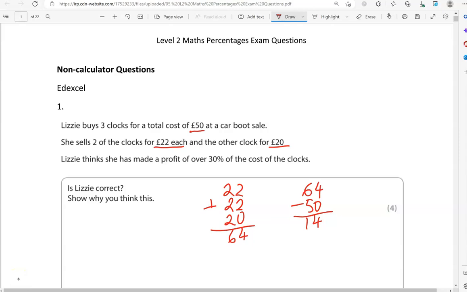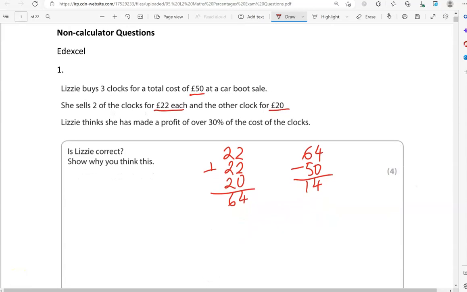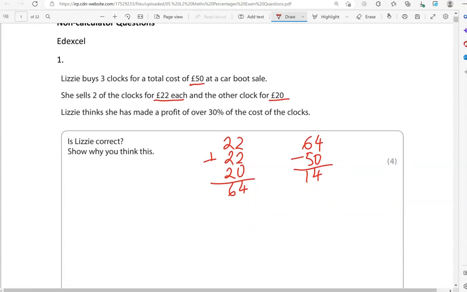Now we could do this in 2 different methods. One of them is to do 14 out of 50, because that's the amount that she bought them for, and see whether that is over 30%, or we could work out 30% of 50 and see whether that is £14.